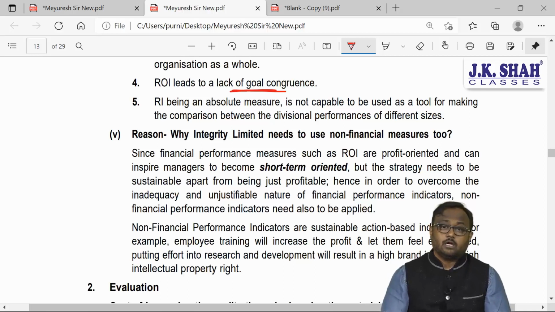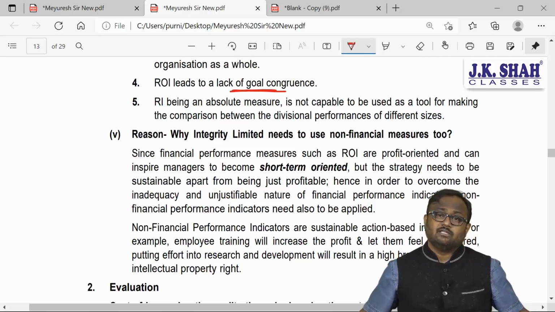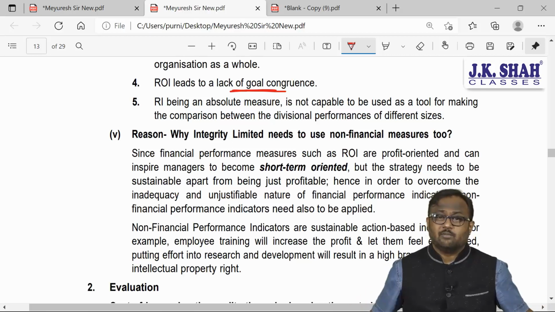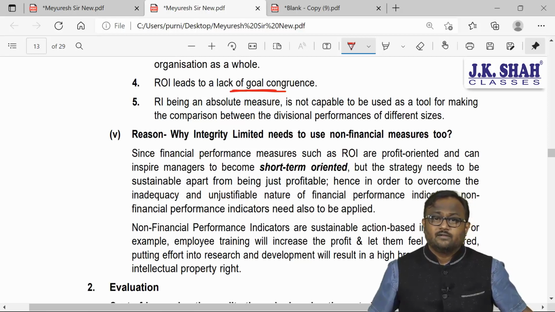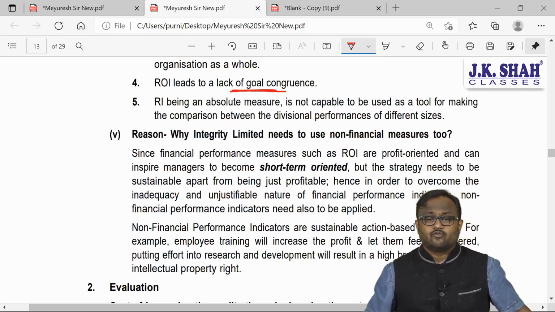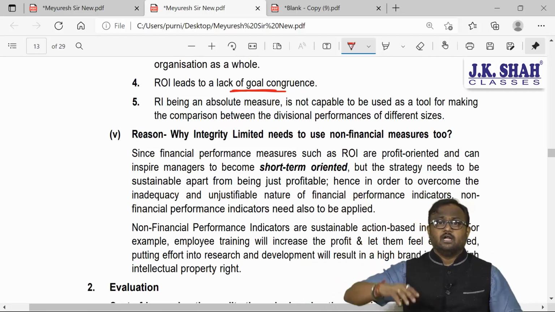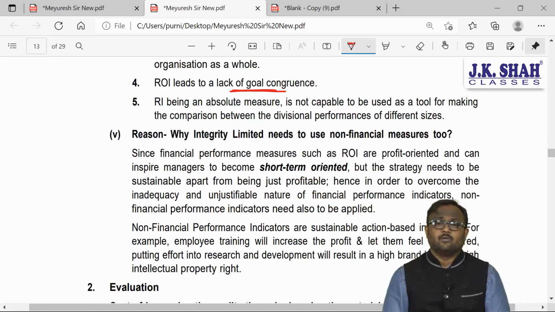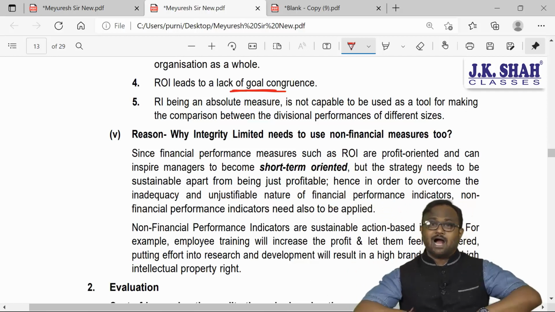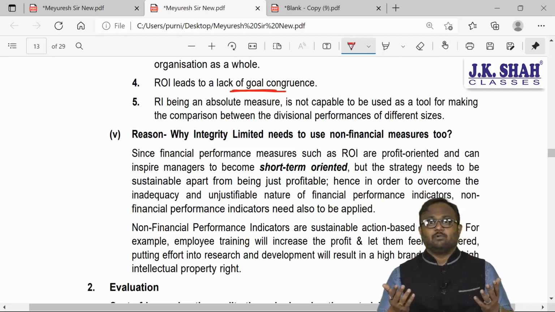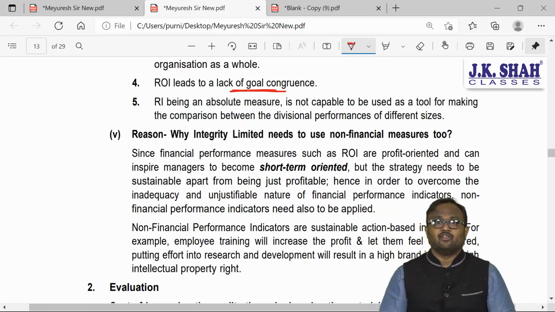So I may curtail the cost structure by using some unfair means like quality reduction, impairment of quality and all that. I may use a cheaper substitute of raw material, and all these things will lead to lapse in the quality, and ultimately my company is going to get suffered because of it. But my department cost structure will go down because of the inferior quality of material.